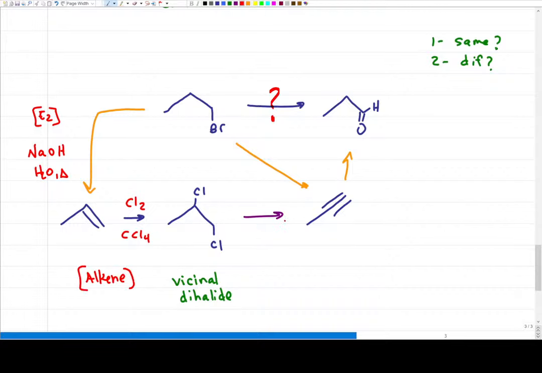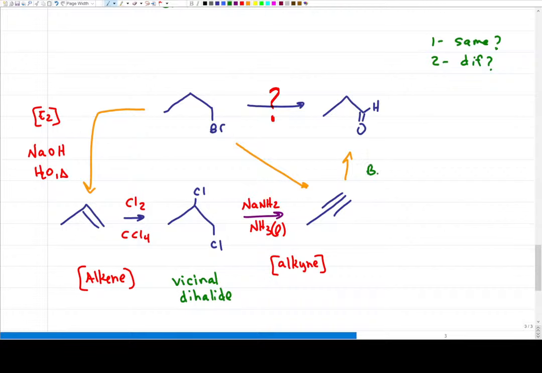Once I have the dihalide, I do a double elimination. That will be using a very strong base, NaNH2 in NH3 liquid. This is an alkyne reaction, or the alkyne chapter. And finally, to go from the alkyne to the aldehyde, it's technically a 2-step reaction, but you don't have to show both steps.